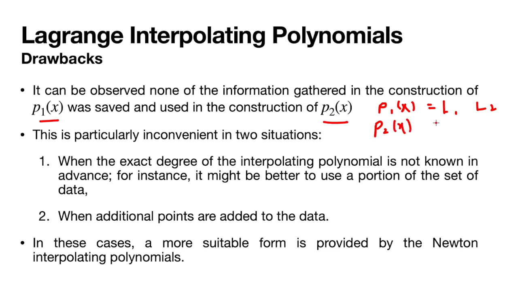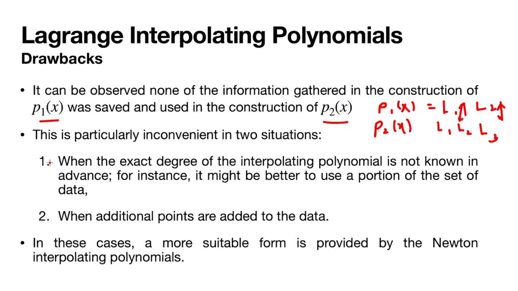The second degree polynomial has 3 Lagrange coefficients, and these values are not interrelated. So we have to calculate the Lagrange coefficients from the very start.